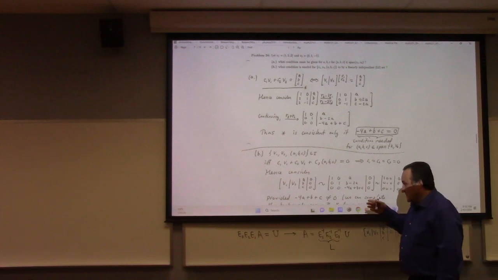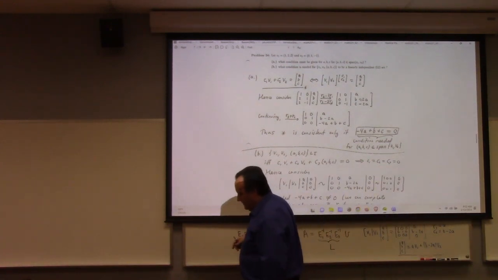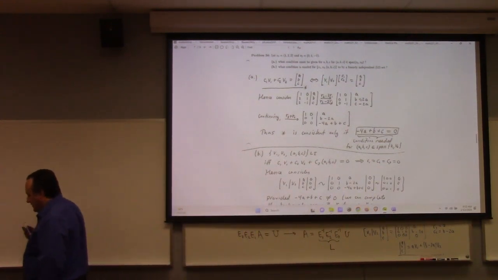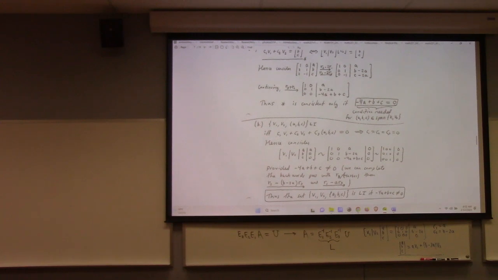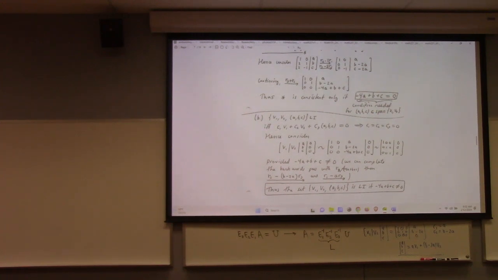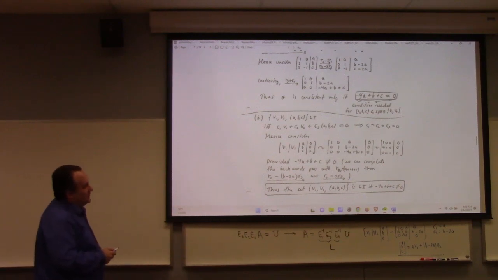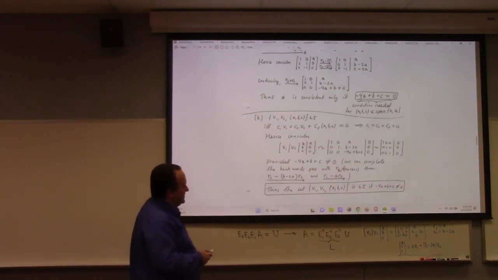And a non-zero solution to this equation right here is tantamount to there being a linear dependence amongst the vectors. And if there's a linear dependence amongst the vectors, then it's not linearly independent. So in short, linear independence demands the opposite condition, namely that minus 4a plus b plus c is not equal to 0.